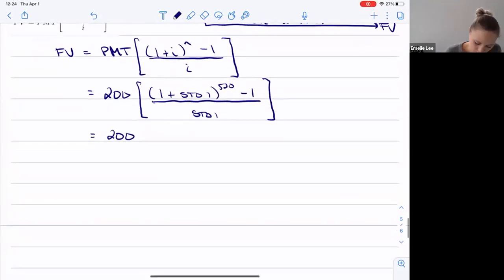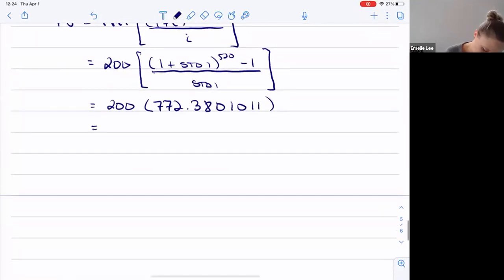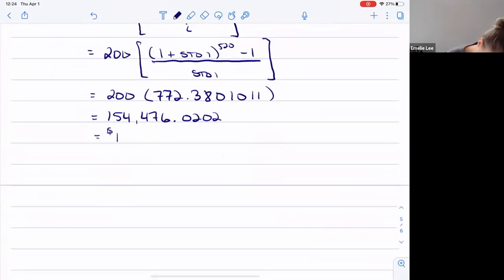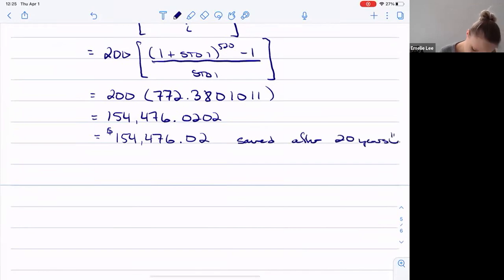And again, I'm just going to do 200 times 772.3801011, which times 200 is 154,476.0202, which means at the 20-year mark, what they would have is $154,476.02 saved after 20 years.